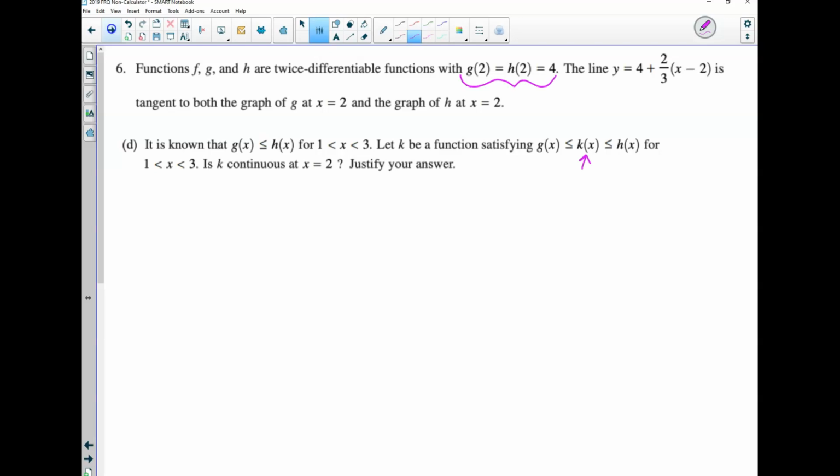Okay? Well, because g of x and h of x are differentiable, they are also continuous. And you have to remember what the definition of being continuous is. To be continuous, the limit of the function at a value of x equals the functional value at the same x value.